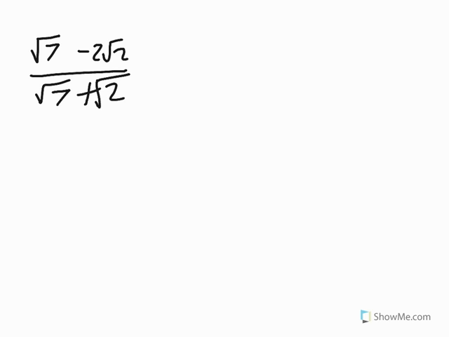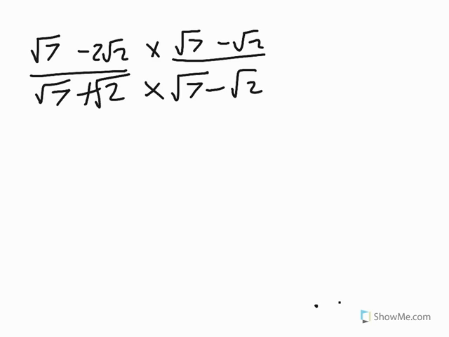Okay, alright, so we need to rationalise that denominator. And that's where our conjugate comes in, because remember when we multiply something by its conjugate, the square roots go. So we need to multiply top and bottom here by the conjugate of what's on our denominator, and that's square root 7 minus 2 root 2.